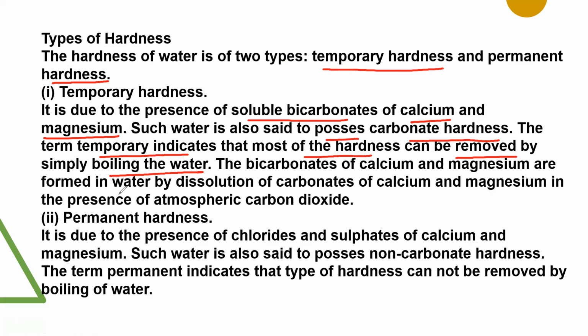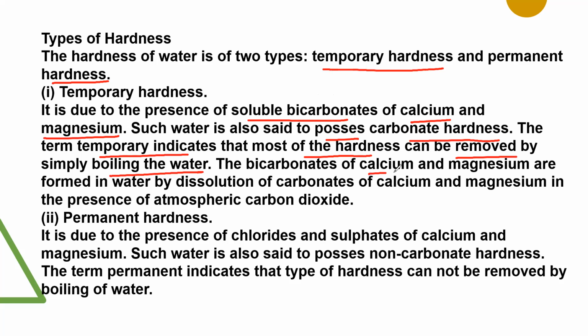These calcium bicarbonate and magnesium bicarbonate can be removed by simply boiling the water. That's why we call it temporary hardness.